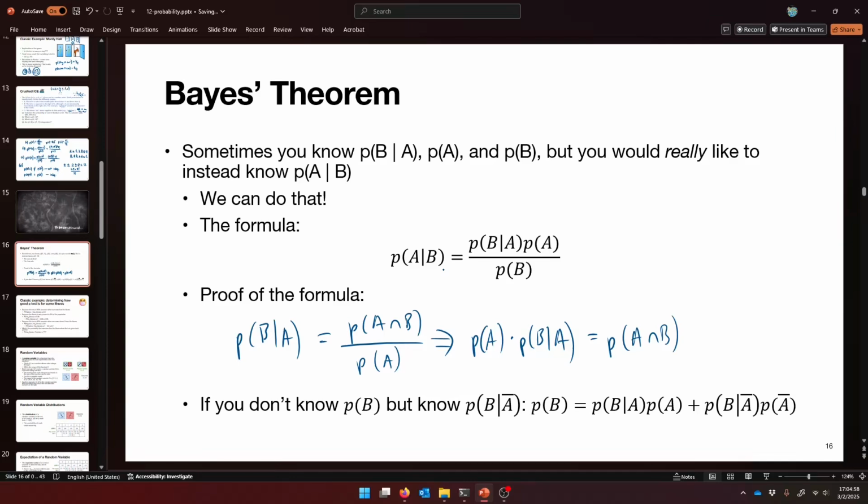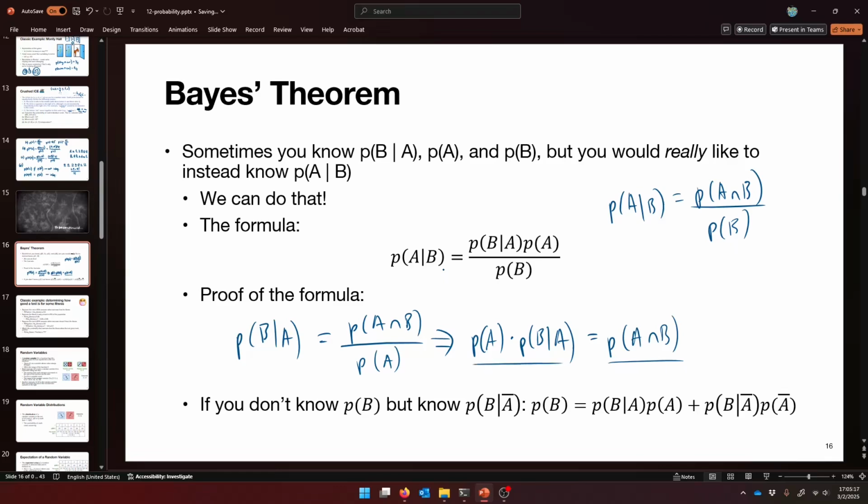Because what do you really need for the probability of A given B? Probability of A given B is equal to the probability of their intersection over the probability of B. Do you see how you have a way to get this?